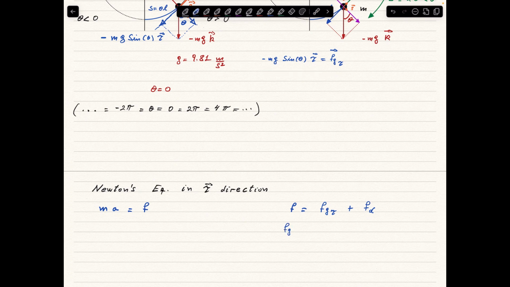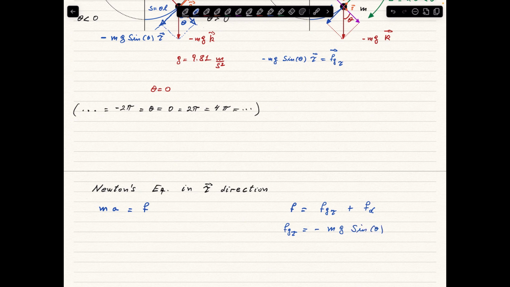That force is what we wrote over there. It's all in the tangential direction, so I don't need to write this vector. I'm just writing down the sign and the magnitude, which is mg sine of theta.